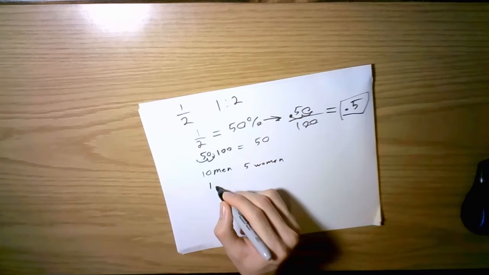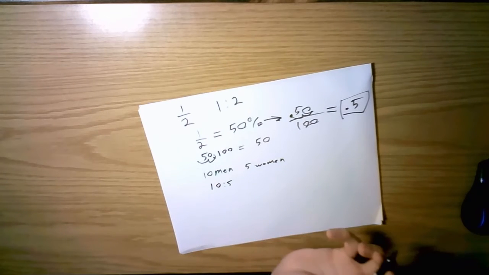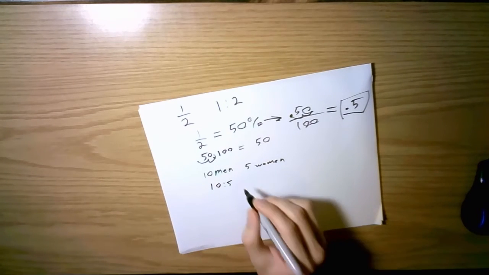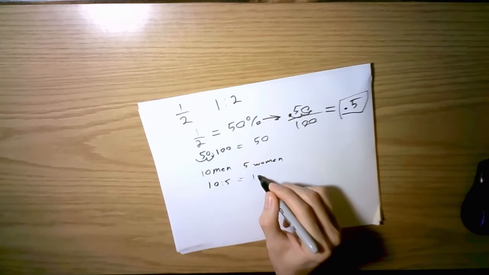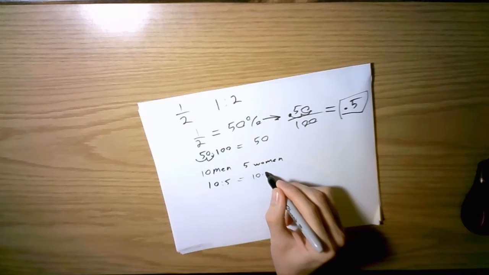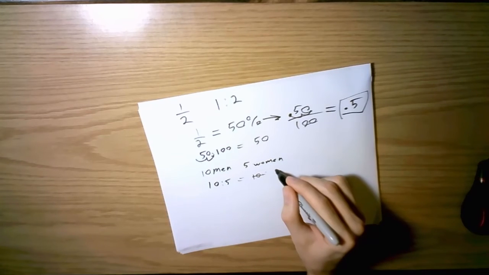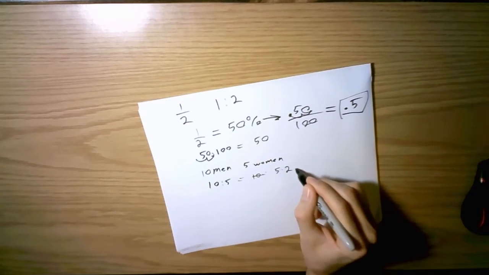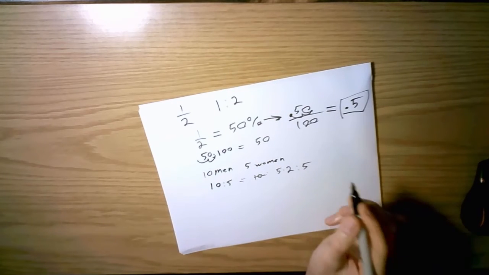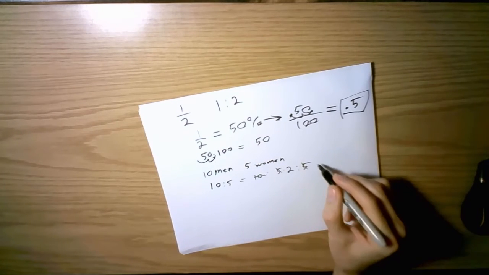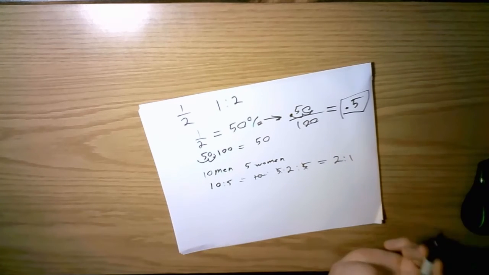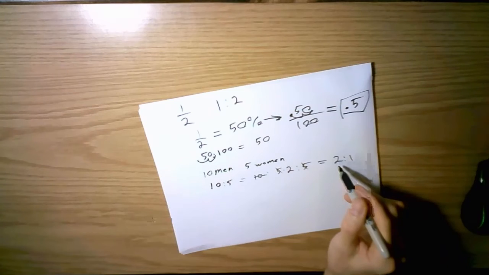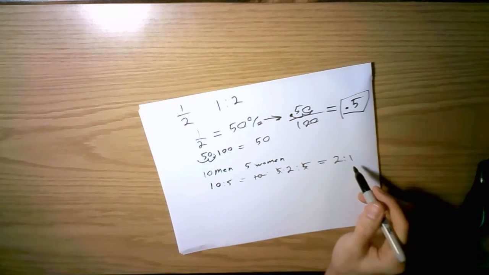You can write 10 to 5, that's easy, but it can be simplified. You can rewrite the 10 as 5 times 2, so 5 times 2 to 5, and these 5s cancel out, leaving you with 2 to 1. So the ratio of men to women is, for every 2 men, there's 1 woman.